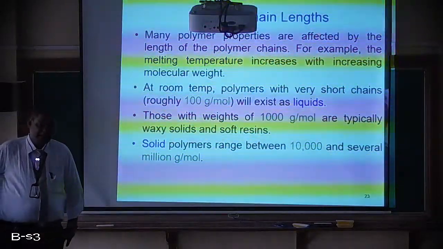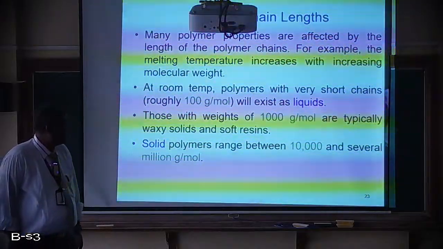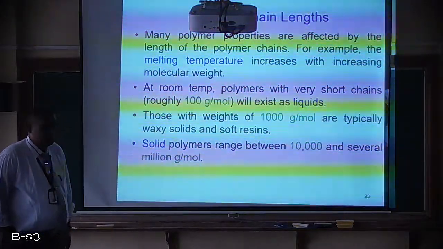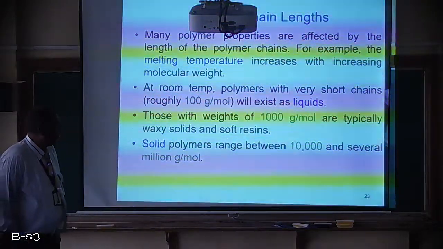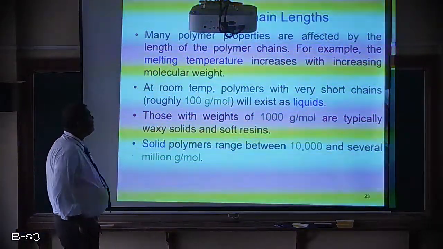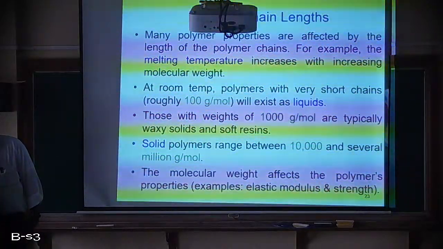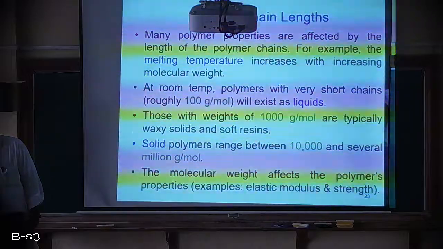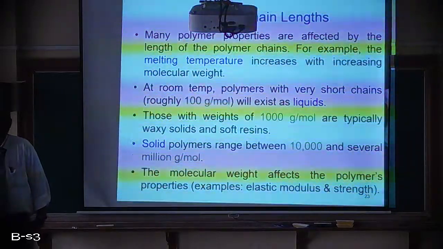So like this, the polymer chain length varies in three sectors. That is less than 100, the liquids. Greater than 100 and less than 1,000 is the semi-solid form. And greater than 10,000 up to millions or lakhs, then it is in solid form. So this is dependent on the temperature. The molecular weight affects polymer properties, examples being elastic modulus and strength.